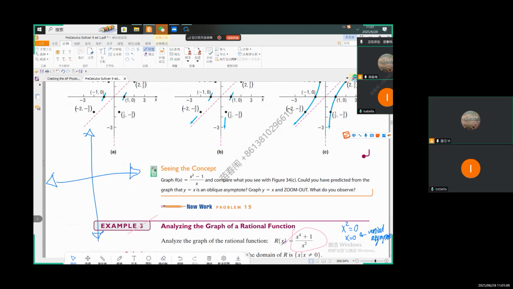Oh wait, if the numerator is greater than the denominator, then long division. No long division. Okay, no asymptote. Oh, no horizontal, oblique? No horizontal asymptote, no horizontal, no oblique. No H/O.